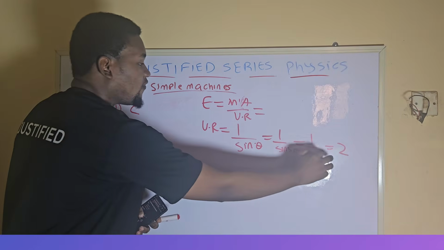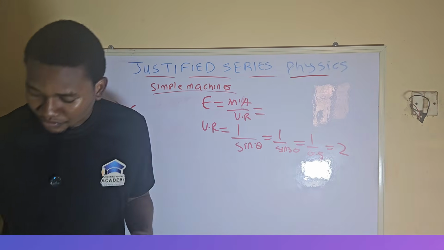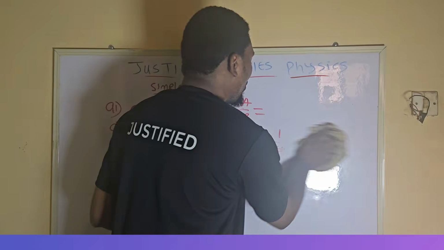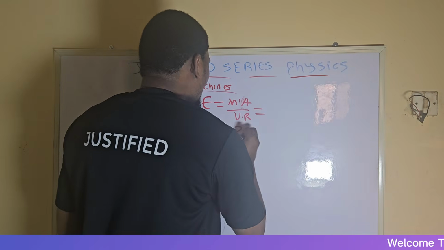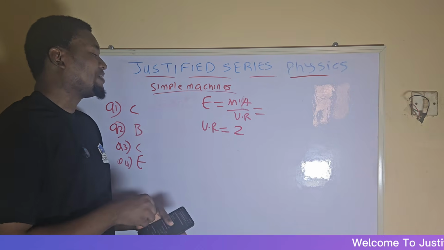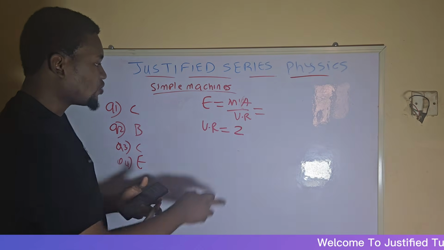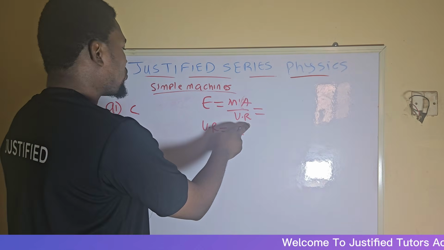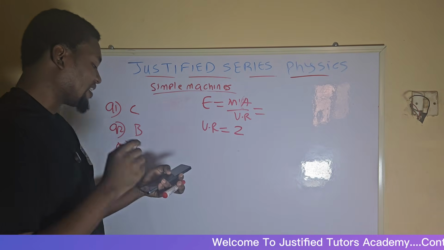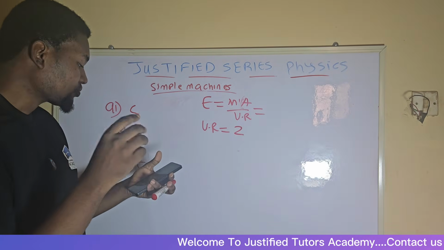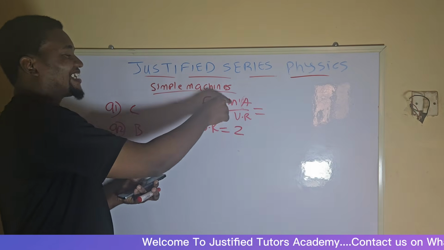So I will clean this off and write our VR here. So follow me carefully. Our VR is equal to 2. Now, the next thing we have to do is, since we have our VR and then we have our efficiency, the next thing now is to find our mechanical advantage.